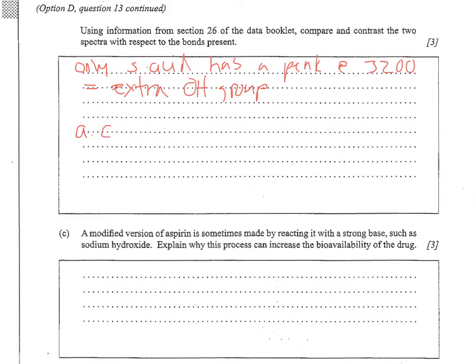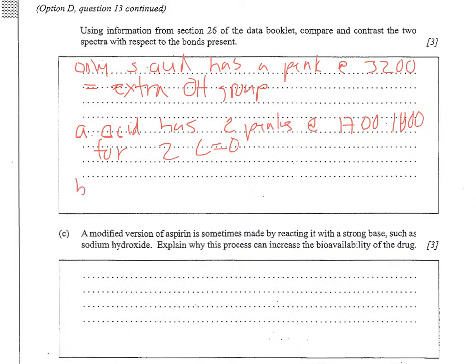The acetylsalicylic acid has 2 peaks at around 1700 to 1800. And that would be for the 2 double bonded oxygens that it has.